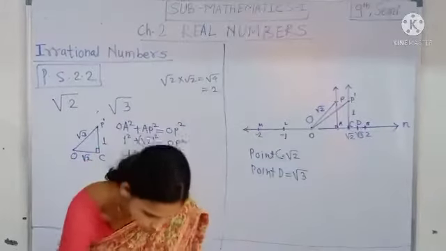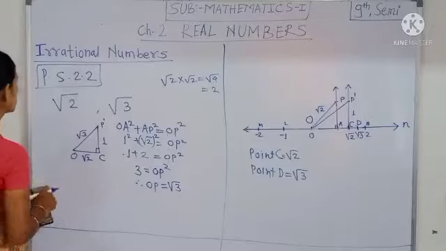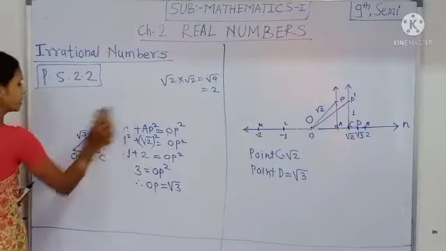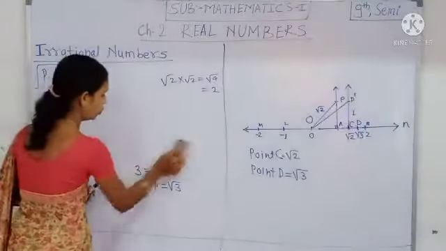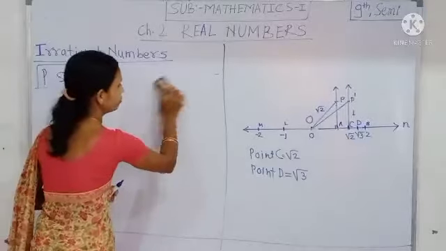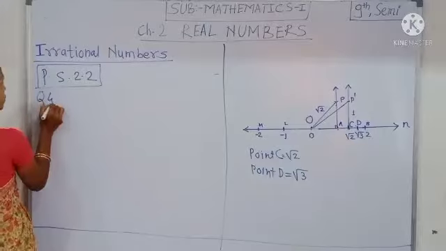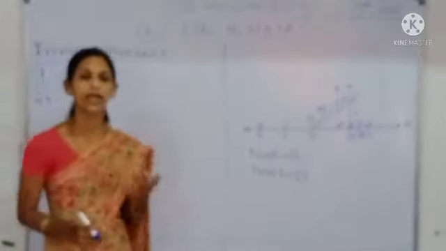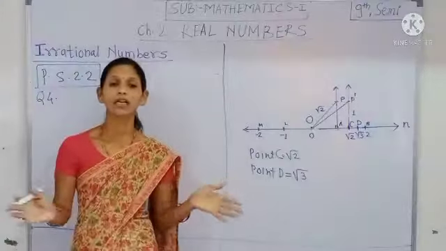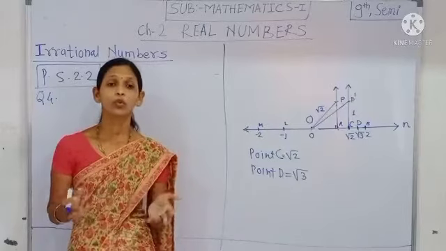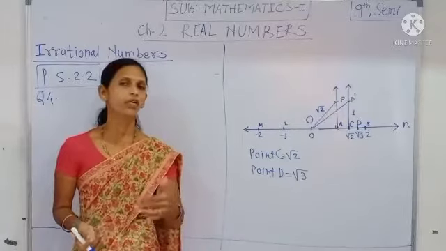Then one more question we have to discuss here from practice set 2.2, that is question number 4. See here, in question number 4, write any 3 rational numbers between the 2 numbers given below.